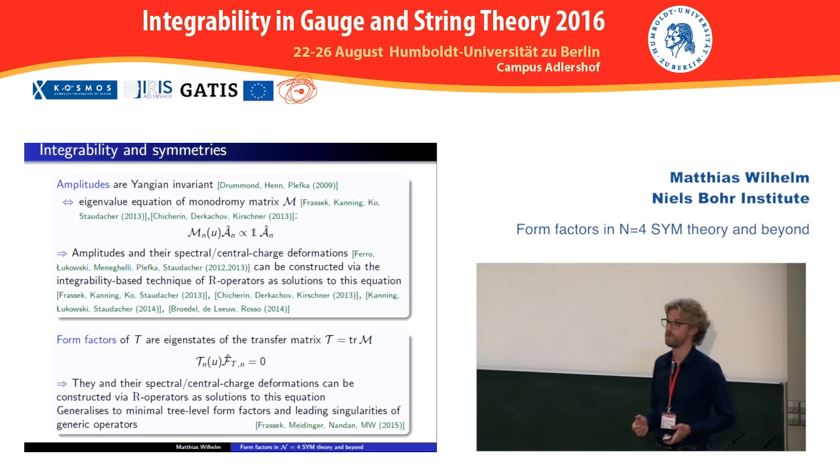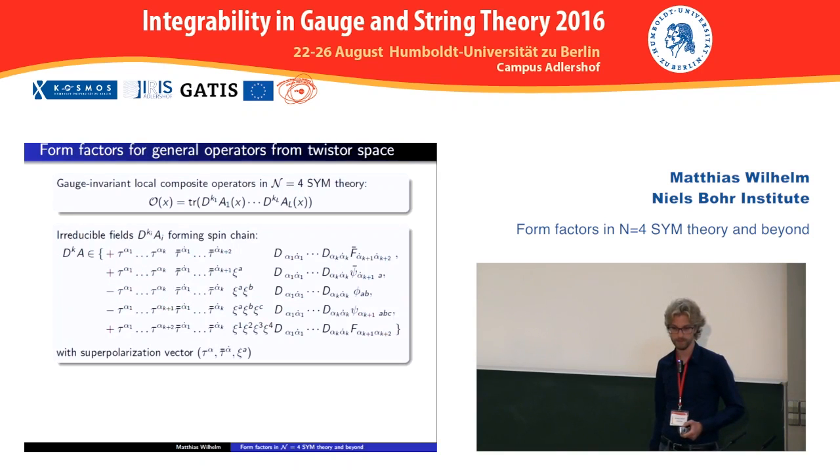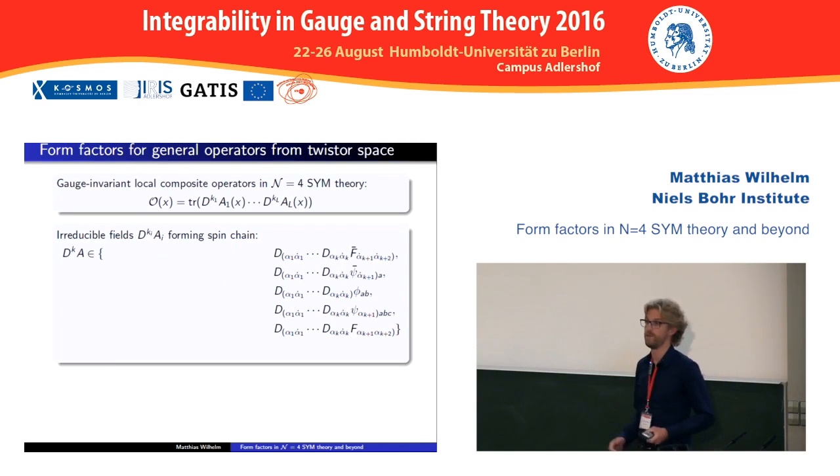Let us now come to general operators, and we'll construct those using twistor space. In the planar limit and at tree level, it is sufficient to look at single trace operators. A single trace operator is built by taking the product and then the trace of L fields that are irreducible.